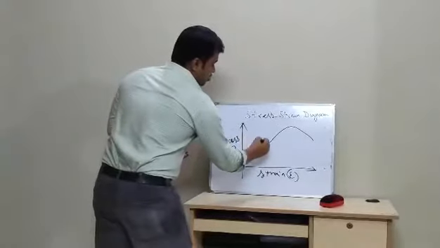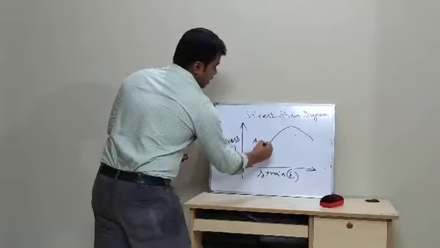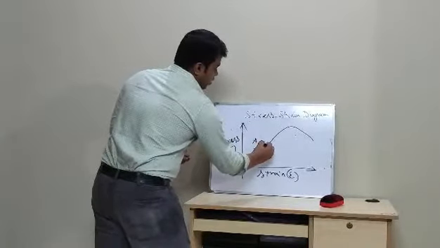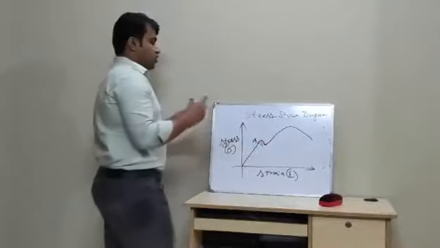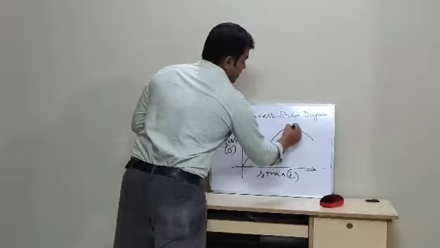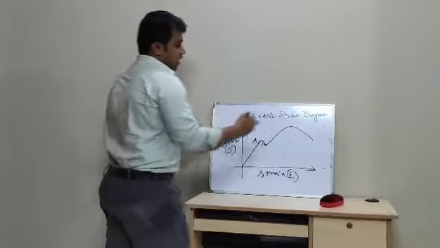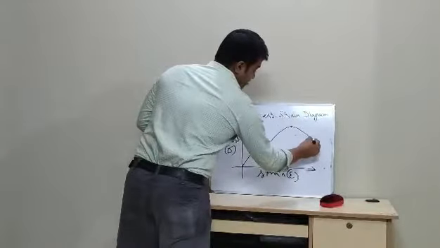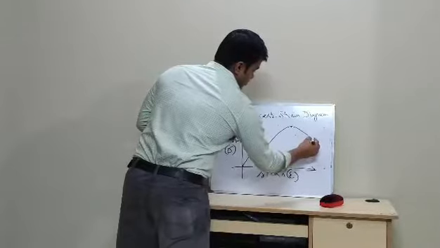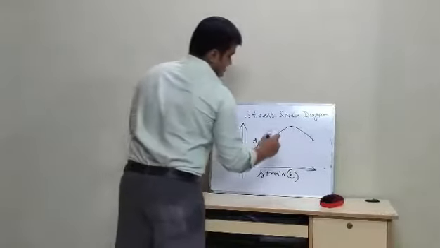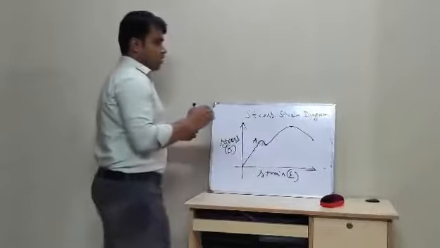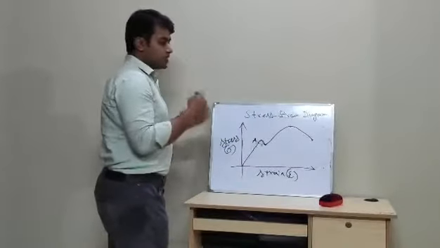After that, we get the upper yield point, and next the lower yield point, and after that point, we get UTS, which is called ultimate tensile strength, and last, the point of our concern is the breaking point, where the material breaks down.